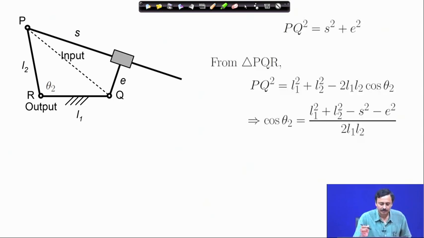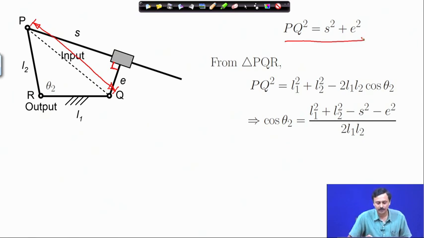So, we will write out this distance PQ, this dashed distance PQ, since this angle is 90 degrees. So, PQ square is S square plus E square.